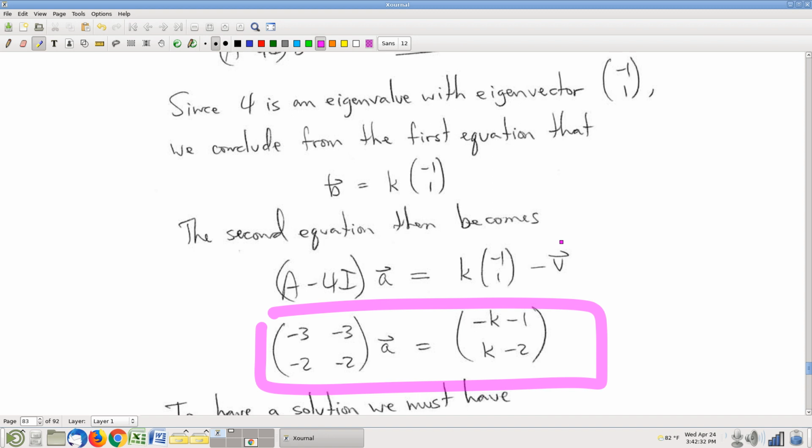We'd like to know for what values of k does this system have solutions. You may even recognize this kind of a problem. Way back in Chapter 1, there were several questions of the form, okay, here's a matrix system, you've got a left-hand side, and then on the right, there's some variables, like, I don't know, A's, B's, and C's, or whatever it was back in Chapter 1.